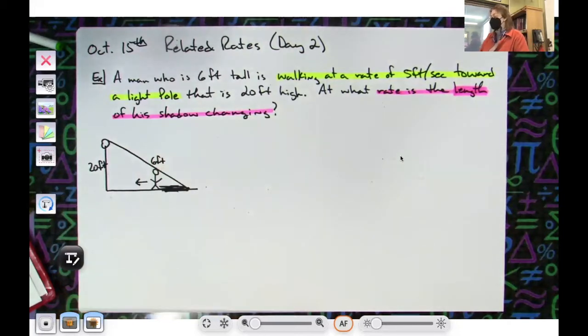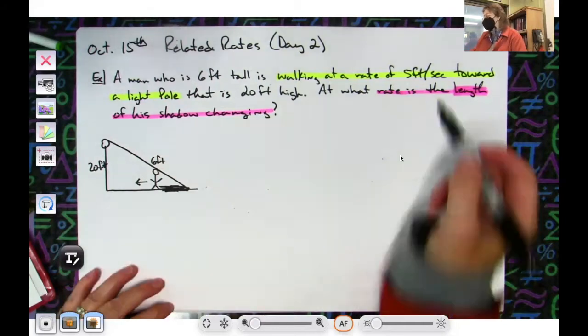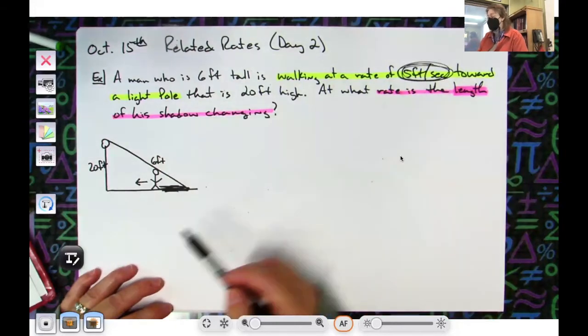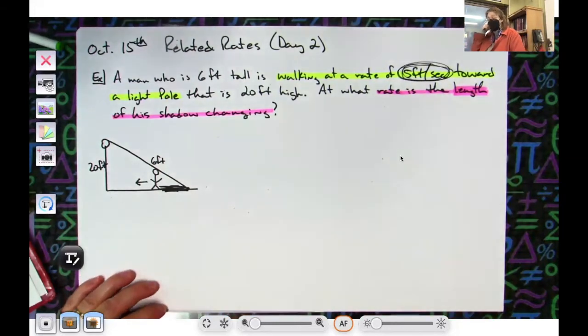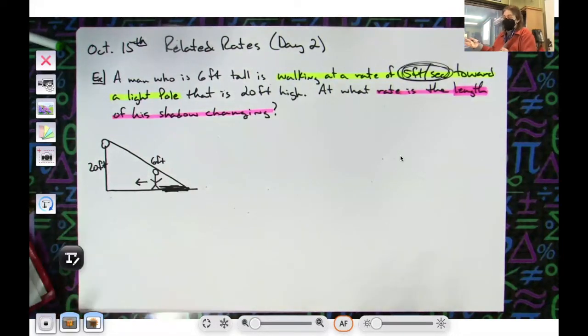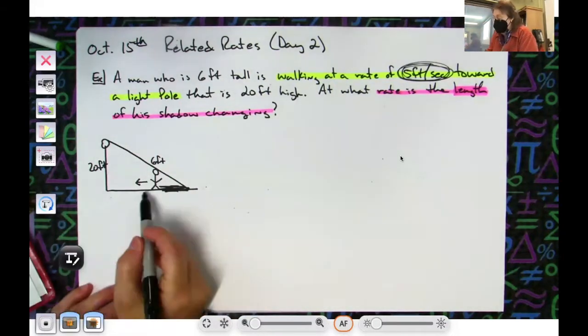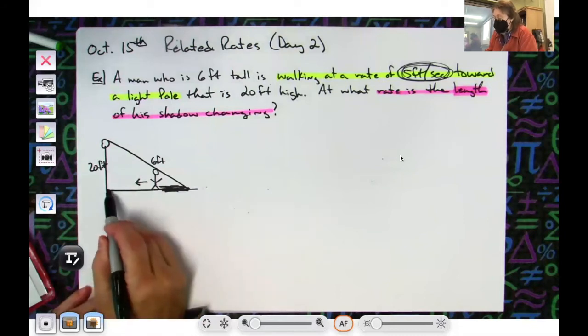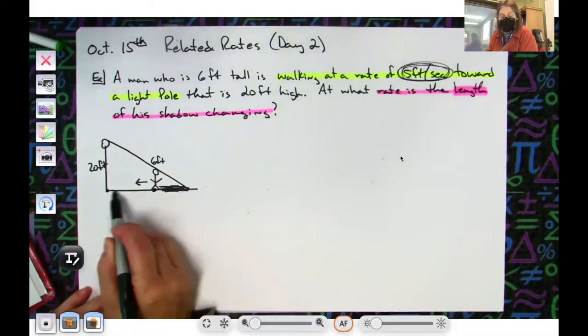Now it says he is walking at a rate of 5 feet per second towards the light pole. If he is walking at a rate of 5 feet per second, that's the change with respect to time. I'm going to let that be X just because I got to be doing X something. But that's going to be from here to here, because he's walking towards this.